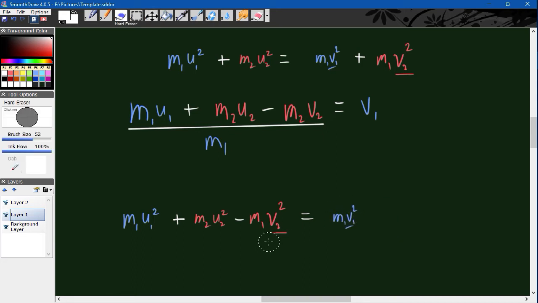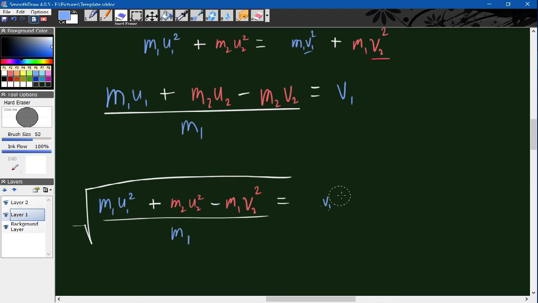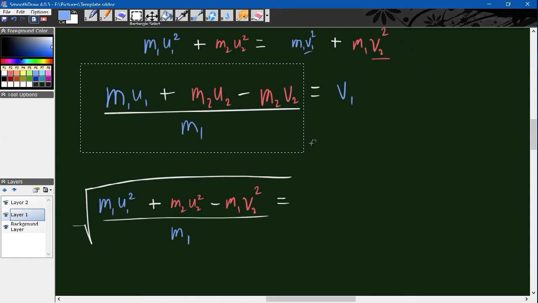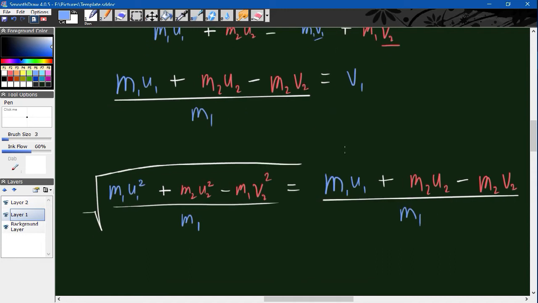So we have this equation, and then we could divide it all by m, and then find the square root. As you could see, these are both equal to each other, so we could do some substitution and jam this in right here. Then we start solving for v2.